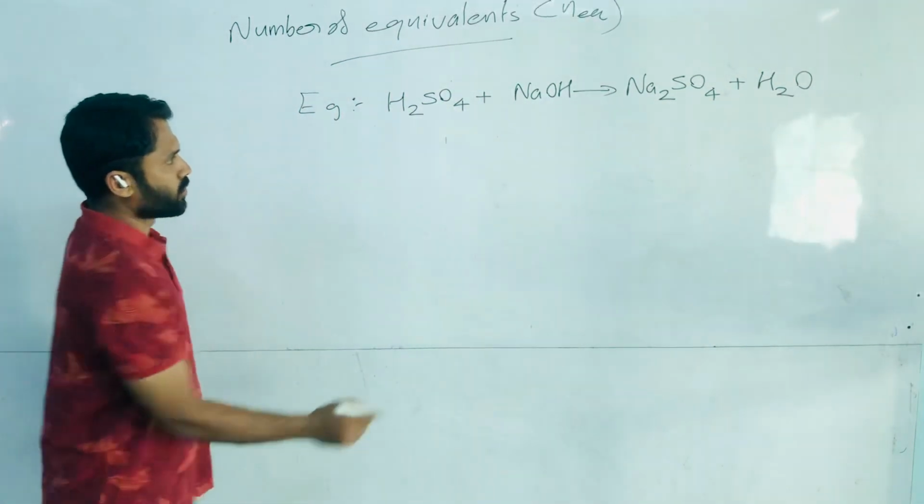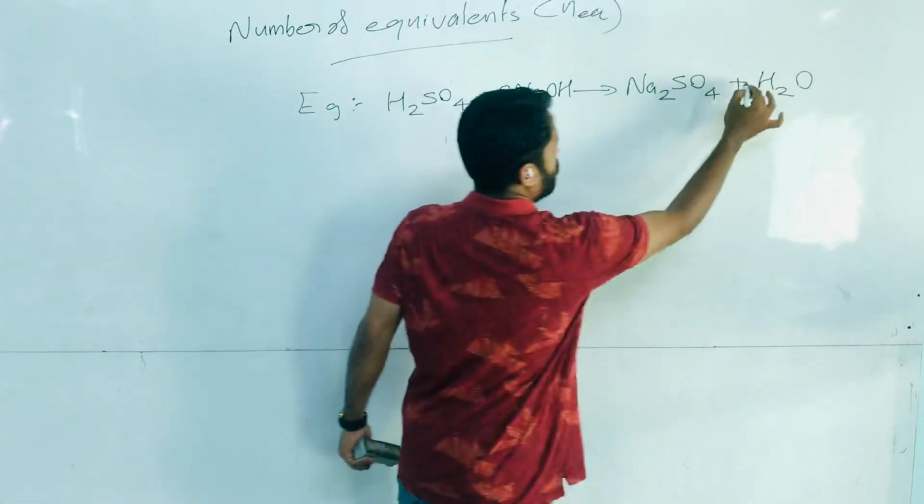When we balance the equation, there should be 2 NaOH and 2 H2O.